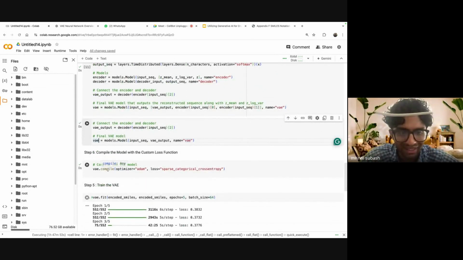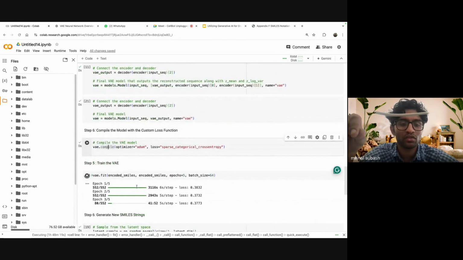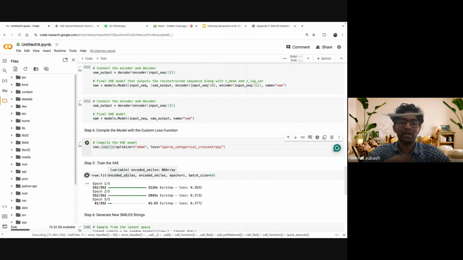This final output is optimized using an Adam optimizer, and a loss function called sparse categorical. You can use any loss. Categorical cross entropy is generally used. I'm using sparse categorical cross entropy because the loss has to be reduced even further in order to get the ideal chemical compound.